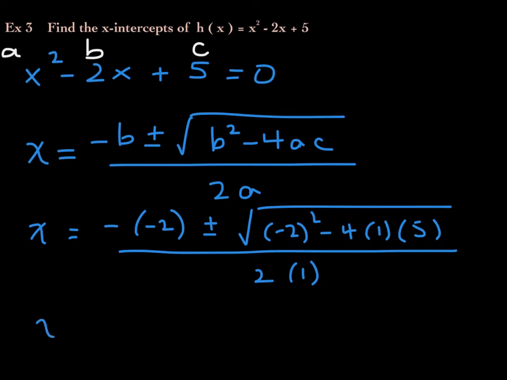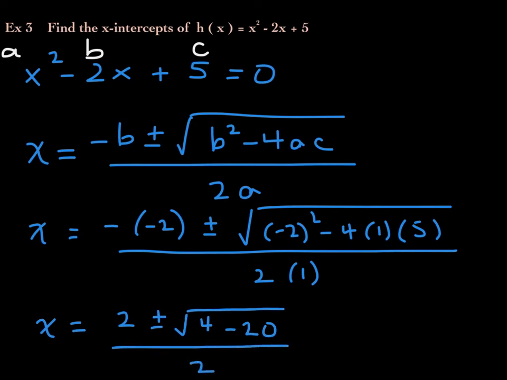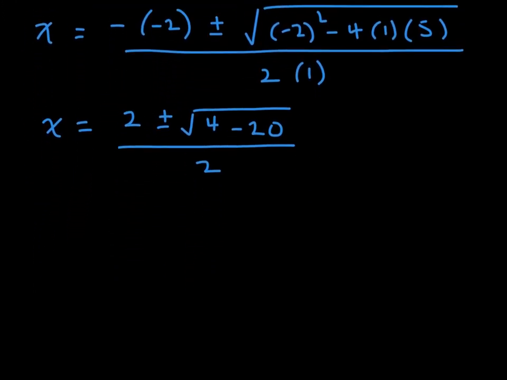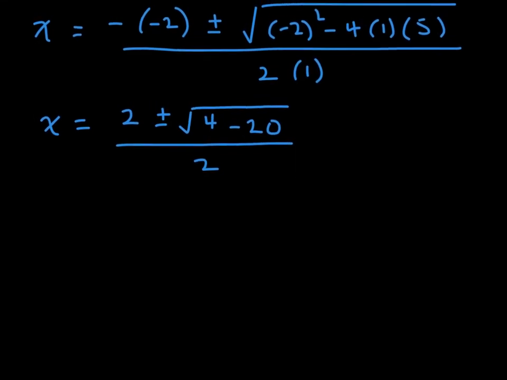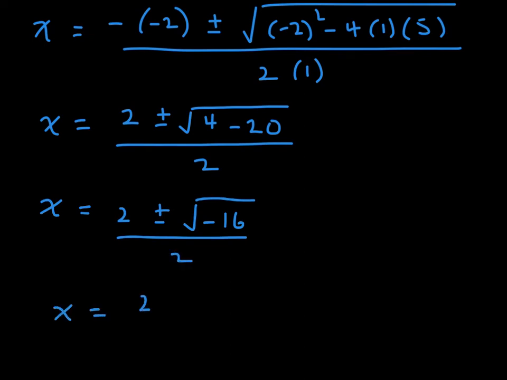All right, so we're getting positive 2 out front, plus or minus the square root of 4 minus 20, all over 2. Then x is equal to 2 plus or minus the square root of negative 16, all over 2. Now, watch this.